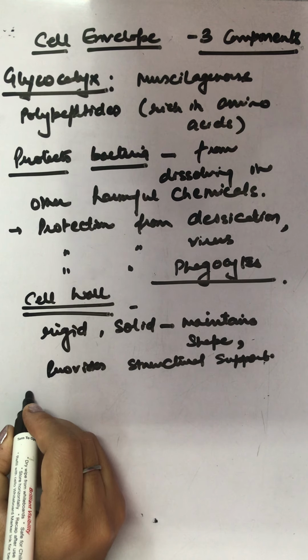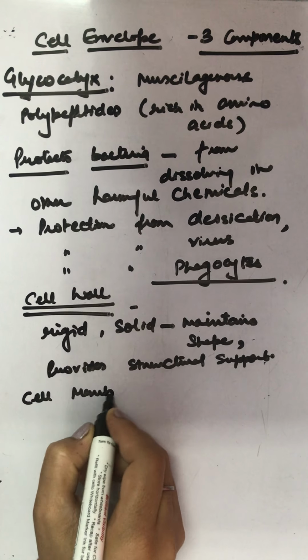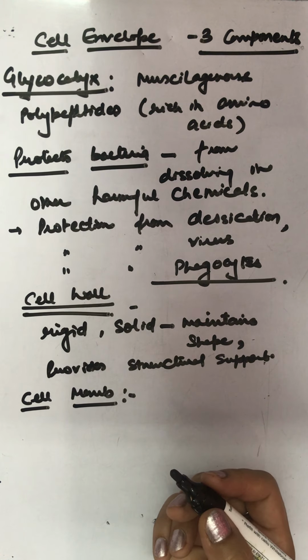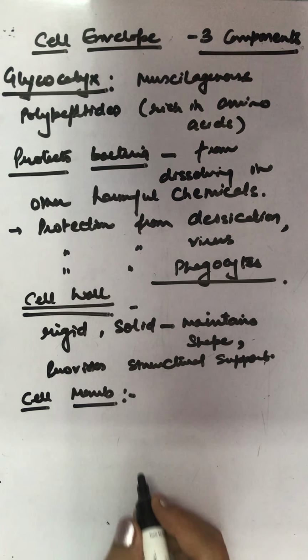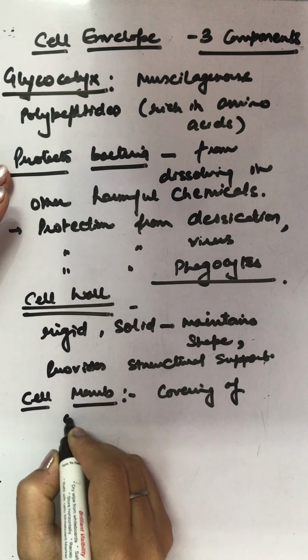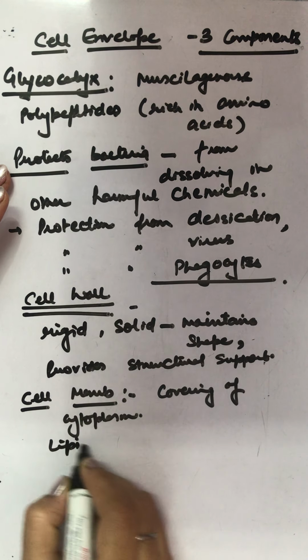The third one is the cell membrane, or the plasma membrane. It is a similar membrane, the covering of the cytoplasm. Components remain the same, made up of lipid and protein content.